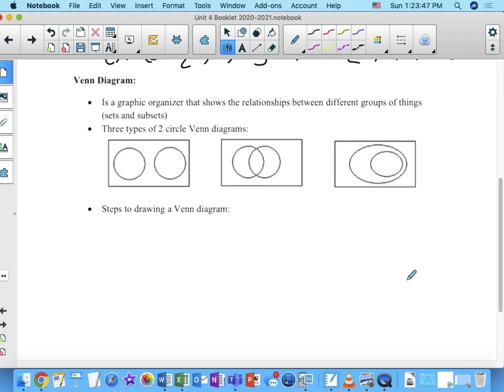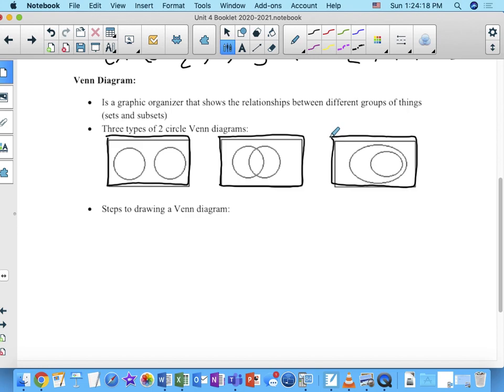Now, firstly, and I've got a picture of all three of them below. So before we get into that, one thing that I want to just tell you quickly is that in all three of these diagrams, the universal set is represented by the rectangle. Okay, so these rectangles over here represent the universal set. Okay, so those are all the universal sets.